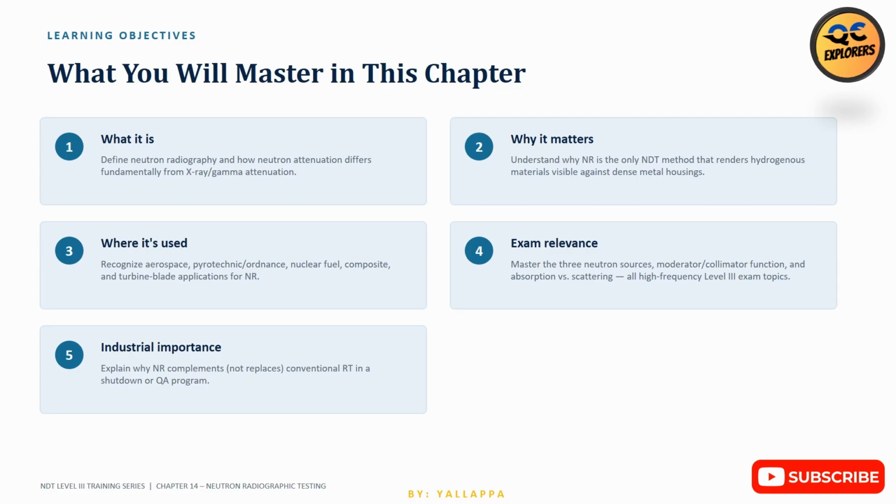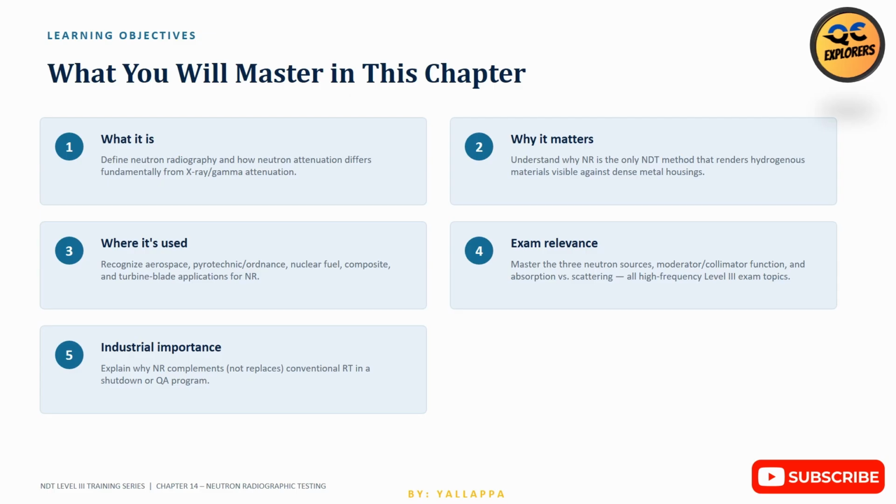We'll then explore the industries where neutron radiography is commonly applied. These include aerospace inspections, pyrotechnic and ordnance components, nuclear fuel examination, composite structures, turbine blades, and other critical applications where conventional radiography has limitations.